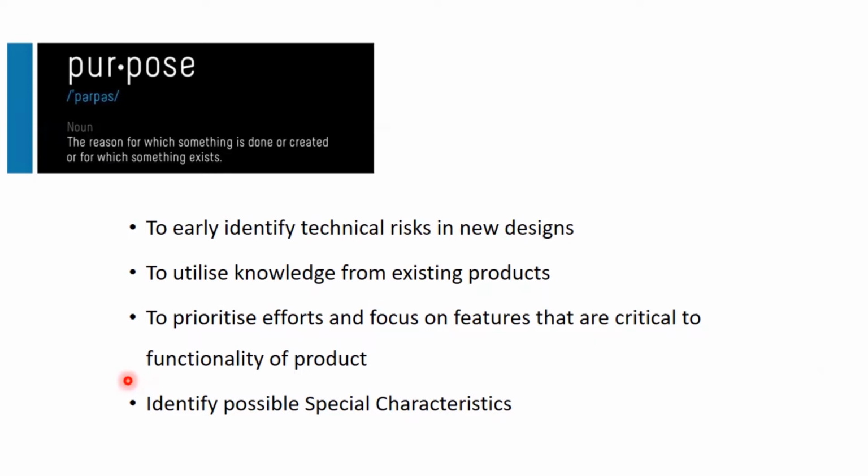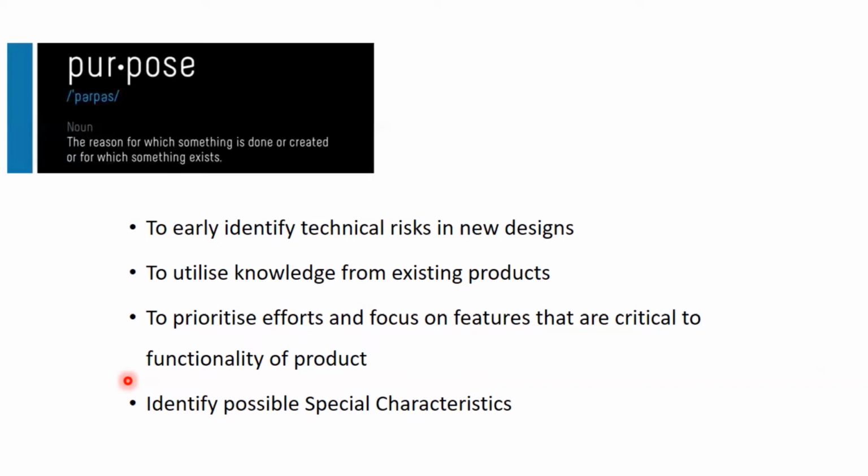So in short, this tool helps us identify all the risks in a detailed manner, where the designer or the project team identify where the failure can happen and arrest the occurrence or the happening of such failure.